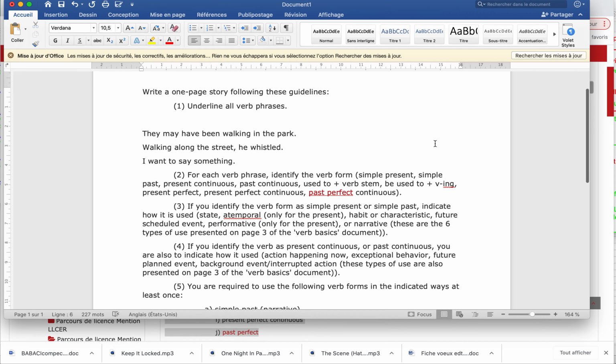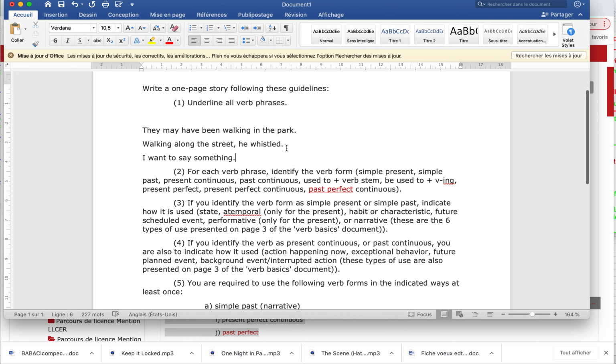So don't be too bent out of shape about that, but just try to keep that in mind, especially for those of you who may have written very long assignments, and really without being very deliberate about identifying things. A lot of times you just picked up anything that looked like a verb and underlined it. The idea is to underline exactly what the verb phrase is, because that's very important.